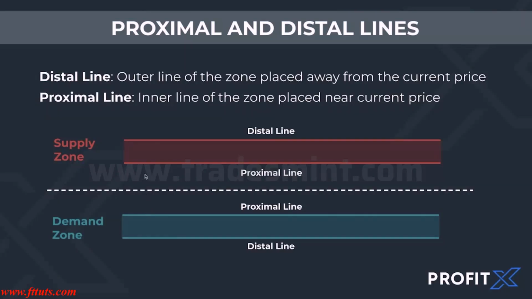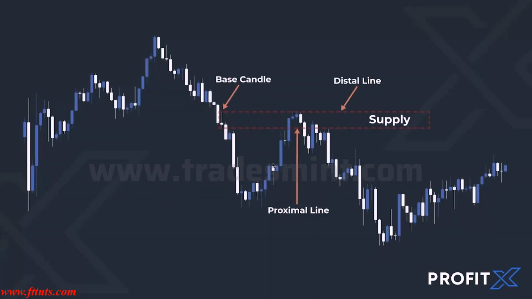But you'll become so used to drawing supply and demand that you won't necessarily remember the lines as distal and proximal, but I'm giving you the technicals just in case. For the supply zone, the outer line is going to be the distal line and the lower line is going to be the proximal line. For the demand zone, the lower line is going to be the distal line and the inner line is going to be the proximal. Okay, so let's look at how we form these.